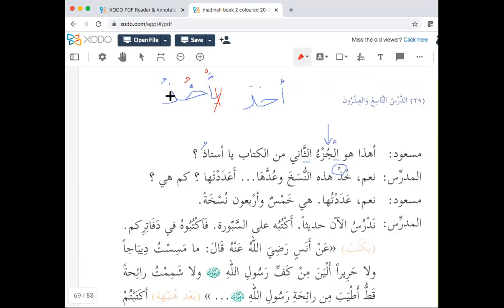You want to make this into majzoom, so you put the sukoon on the end. And now, if you follow the rules strictly, you will put the hamza al-wasl at the beginning, and you will say u'khudh, u'khudh. And obviously, that's very difficult to pronounce. The hamza followed by another hamza.